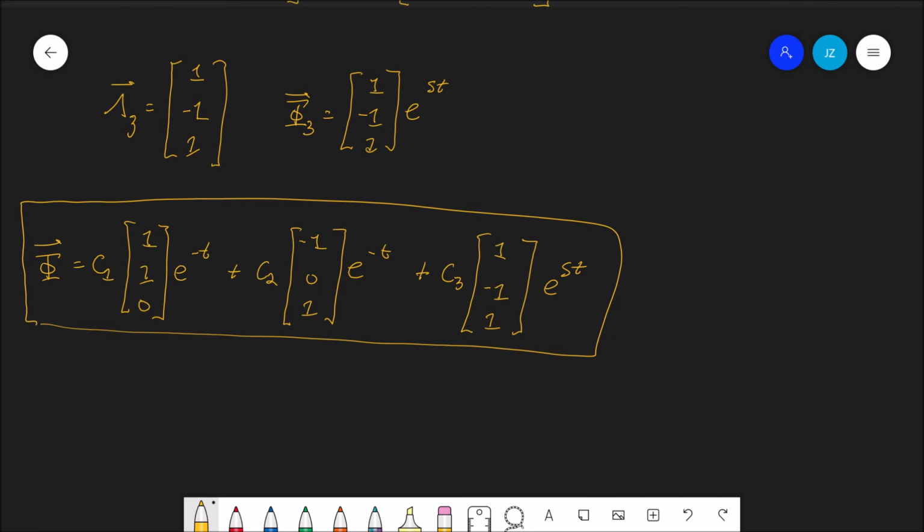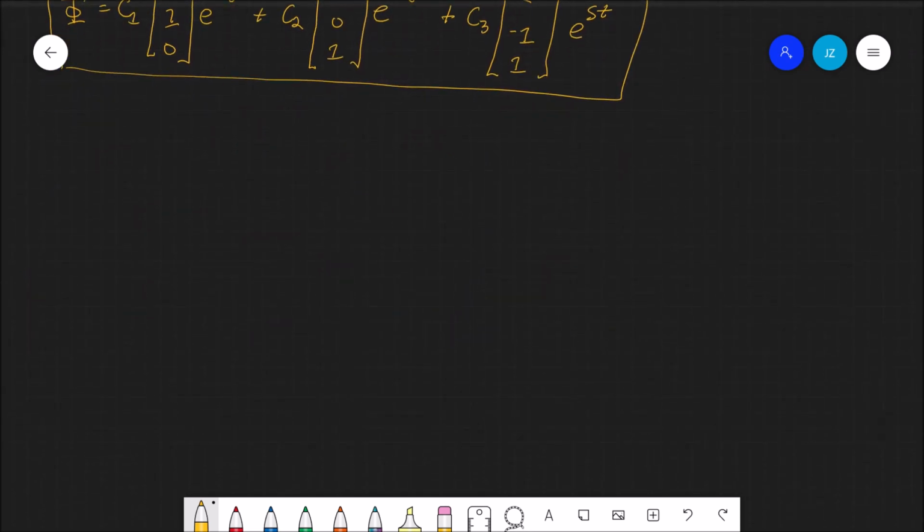The second case is that we can only get one eigenvector from the eigenvalue.